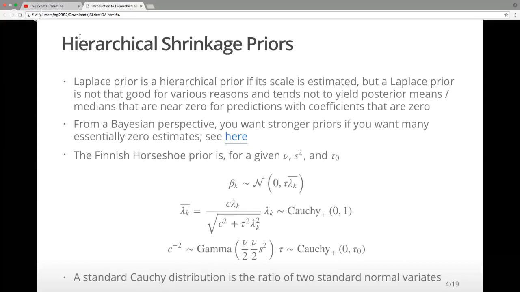Now that is pretty deep for a prior that only pertains to one of your regression coefficients, but you can sort of see here that the standard deviation in your prior for the kth regression coefficient could be very dispersed, could be very concentrated.